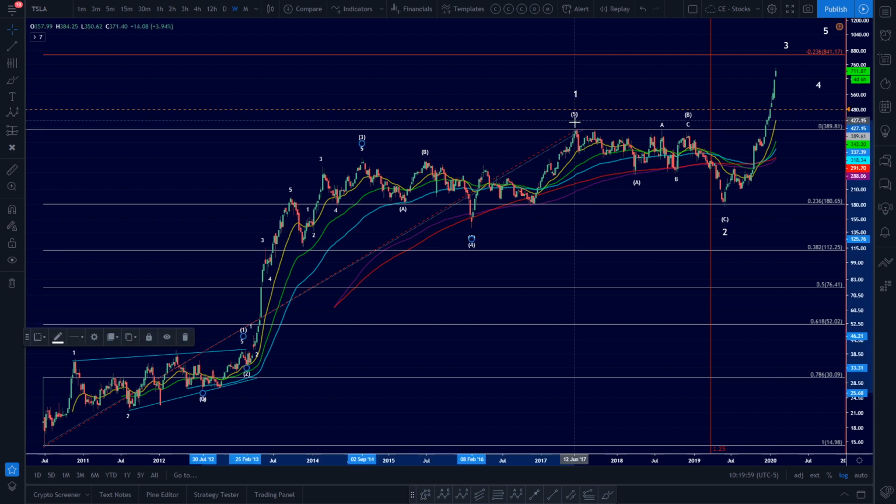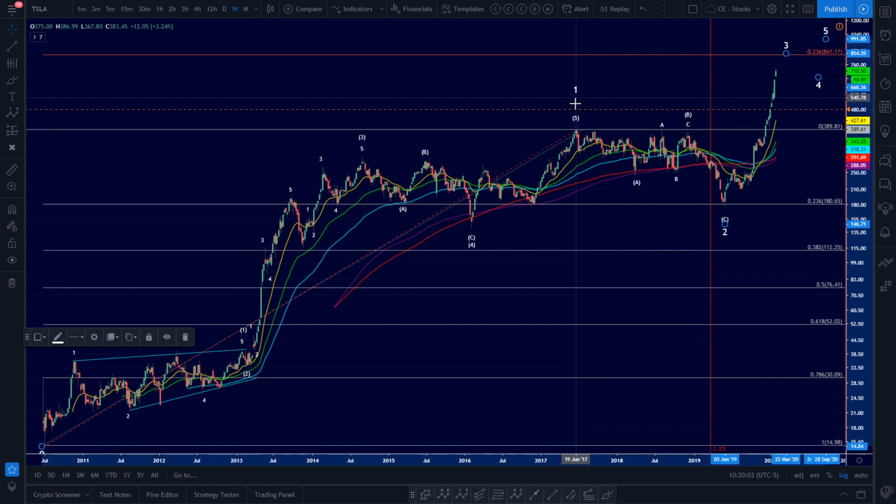This is where I am saying that Tesla has reached its peak for the first wave. And then we started a significant 23.6% retrace on a logarithmic scale, and we pulled back to about $180. So that was a nice pullback from a price point of $390 down to $180. That was a significant pullback.